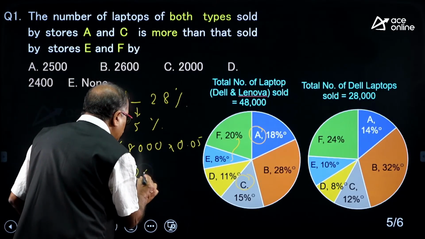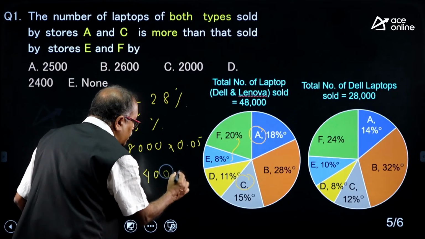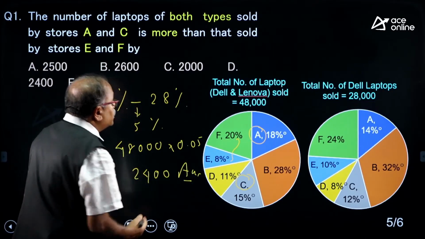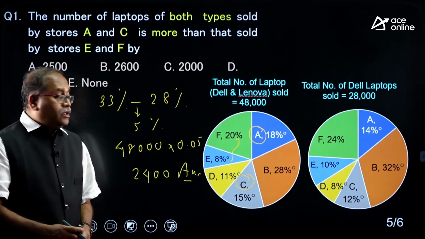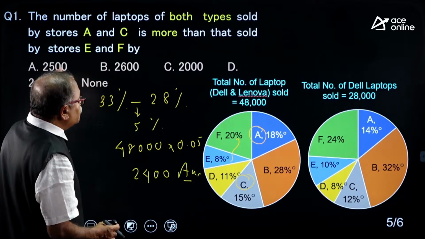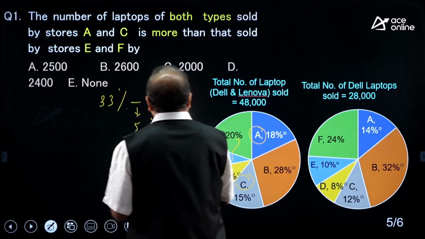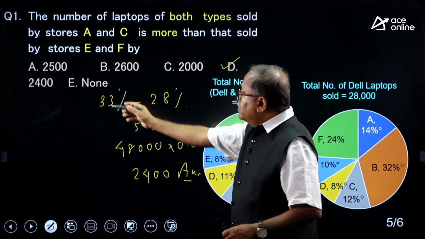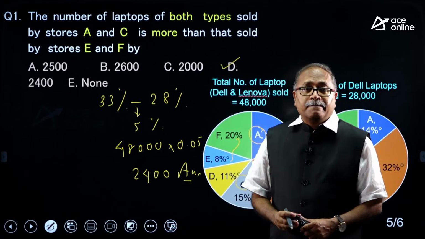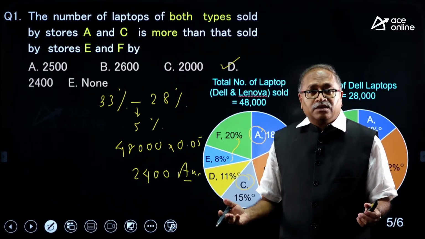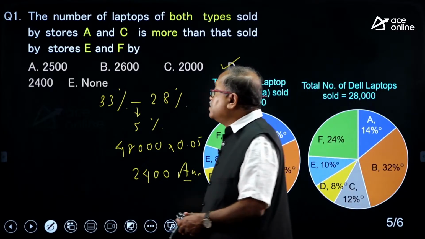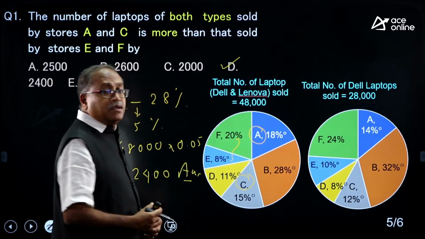So, my answer should be 2,400. Do we have the option 2,400? Yes, I can say option choice D, 2,400. It was an easy question, even though it is a main question of 2020.